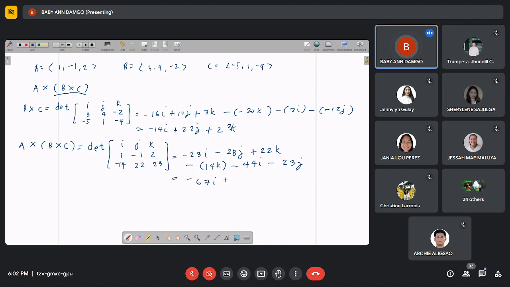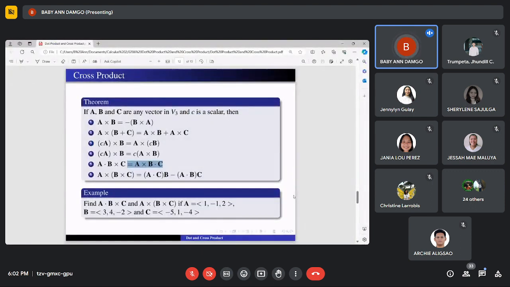J is minus 51j. And then for k, this is 68k. Okay, and this is the final answer. So if we use this one, we have the same result.